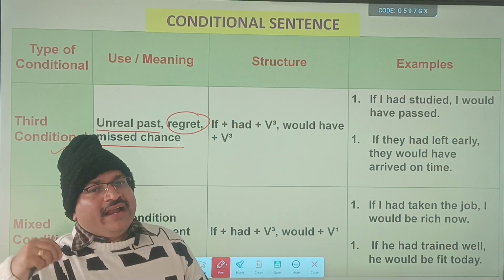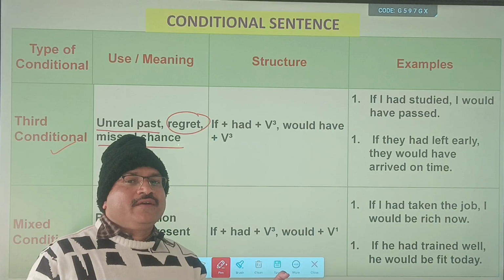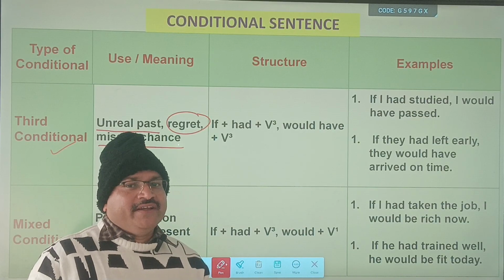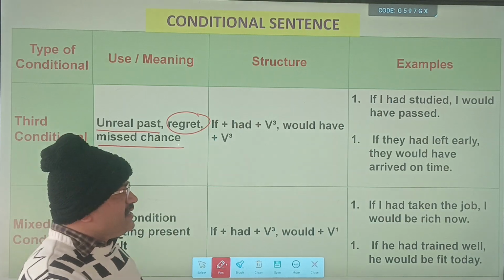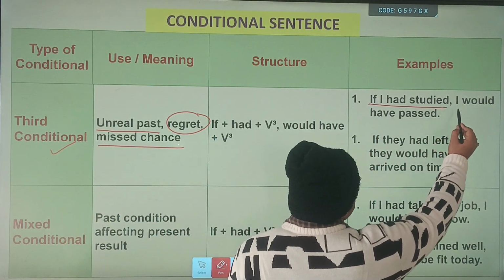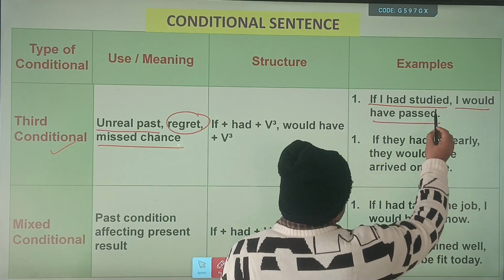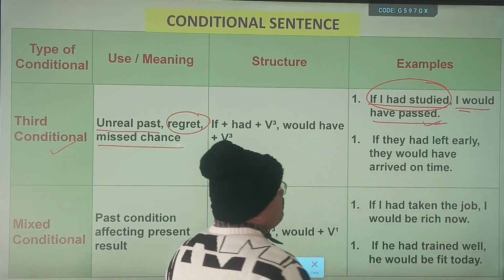Something did not happen, and due to that, the result could not come as expected. Let us understand this first with an example. If I had studied, I would have passed. This is the if clause and this is the main clause.